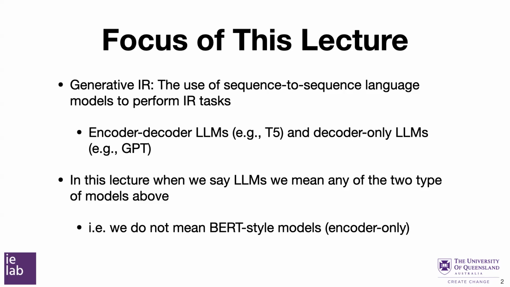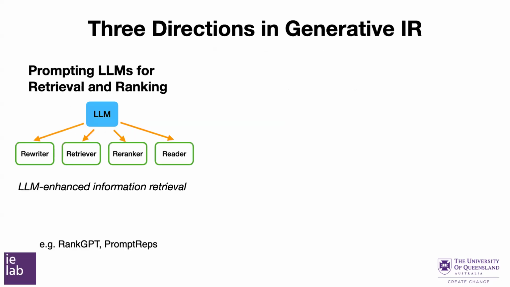So it's a bit hard to pin down exactly the boundary of what I mean when I say generative IR. But keep going with me. Just make sure that when I say LLM, you do not think about BERT-style, encoder-only, but you think about these encoder-decoder or decoder-only models.